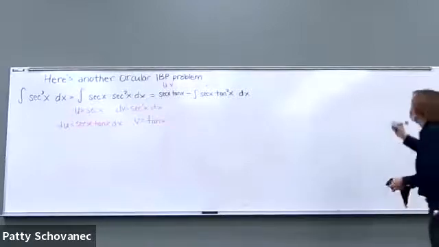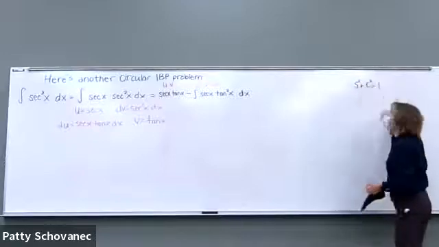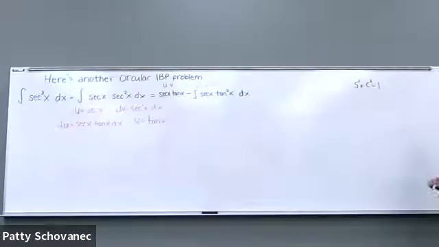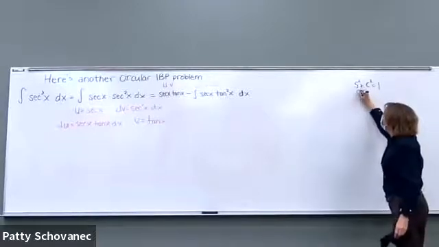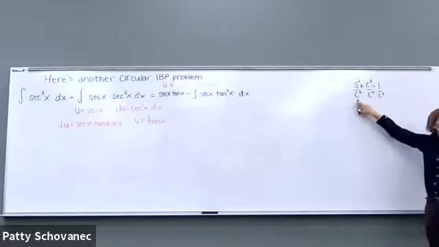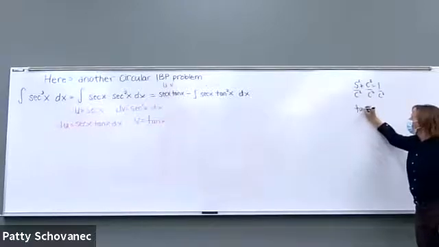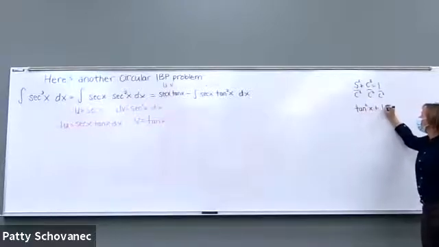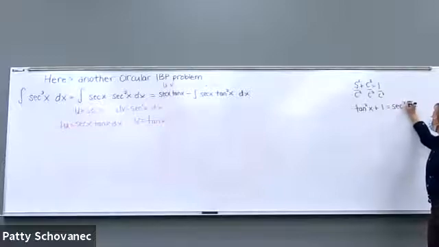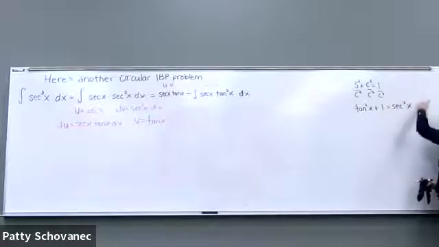That was hard to remember, but we all remember this one. Sine squared plus cosine squared is 1, right? That's right. If I divide everything by cosine squared, there's my tangent squared plus 1 is secant squared. That's what I'm going to use right now. I'm just going to substitute out the tangent squared for secant squared minus 1.